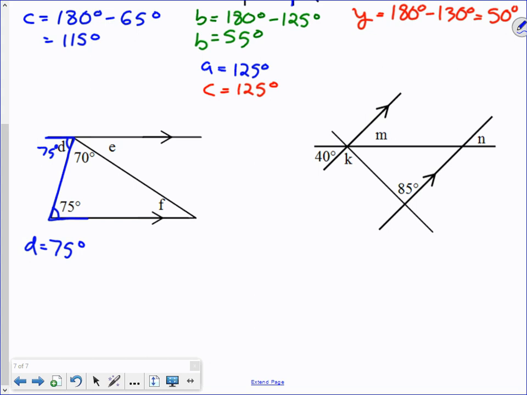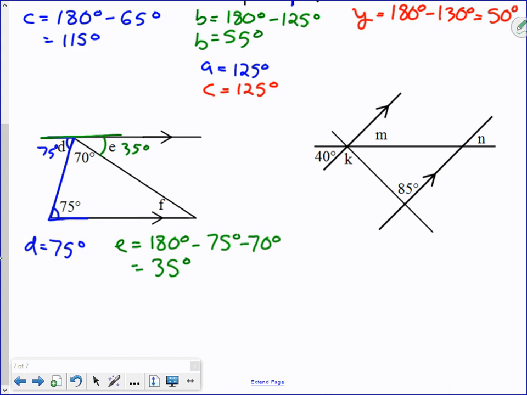Then I can see that D, E, and that 70 degrees all go together to form a straight line. So E has to be 180 degrees minus 75 minus 70 degrees. So angle E has to be 35 degrees. We can add that to our diagram, 35 degrees.